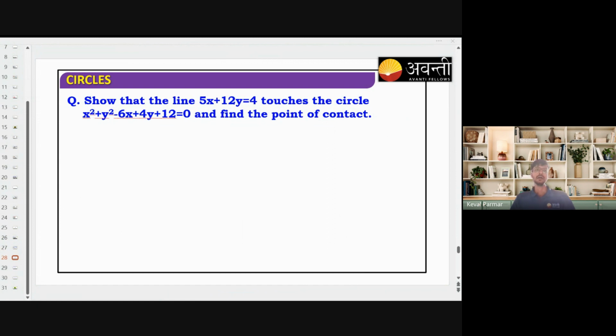Show that the line touches the circle. Now, what do you mean by a line touches a circle? That simply means that the line is tangent to the circle. And if you attended yesterday's class, you can see that this distance will be equals to r, right?